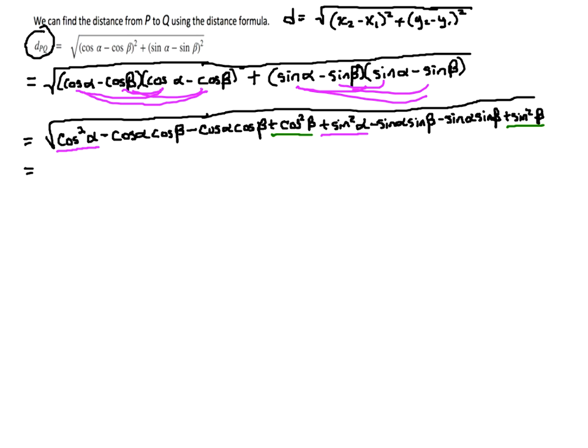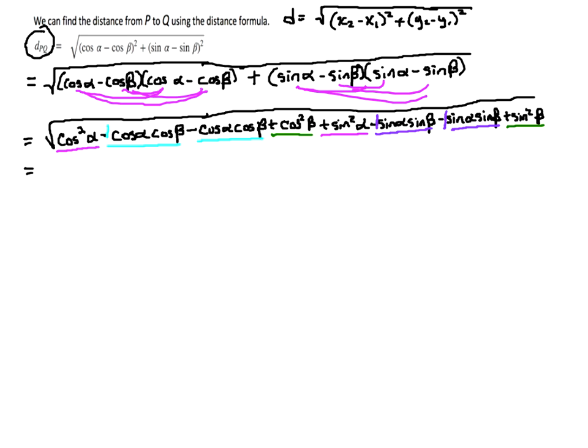Then I've got like terms here. I've got a cosine alpha cosine beta term and a cosine alpha cosine beta term there. And I have a sine alpha sine beta and a sine alpha sine beta. And these are understood negative 1 of each of those.